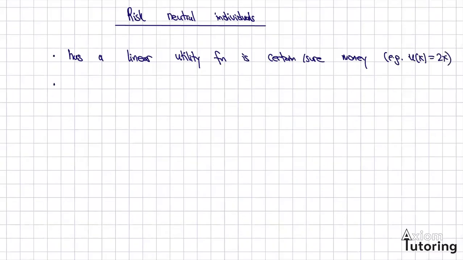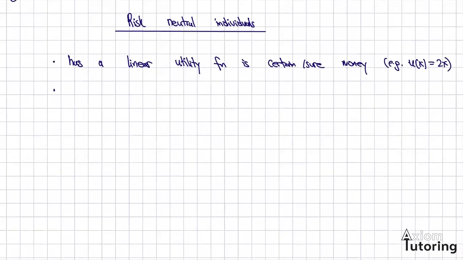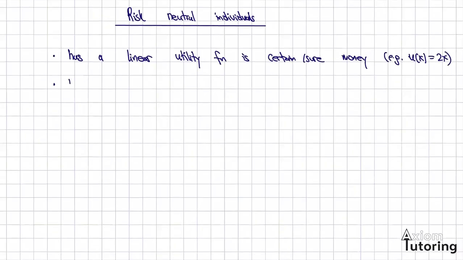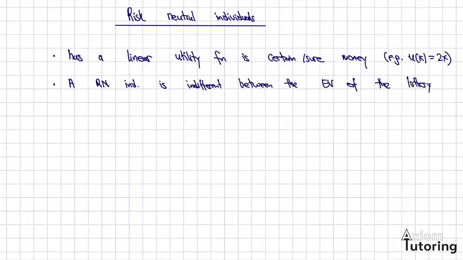And the second equivalent definition is that a risk-neutral individual is indifferent between the expected value of the lottery or the lottery itself.